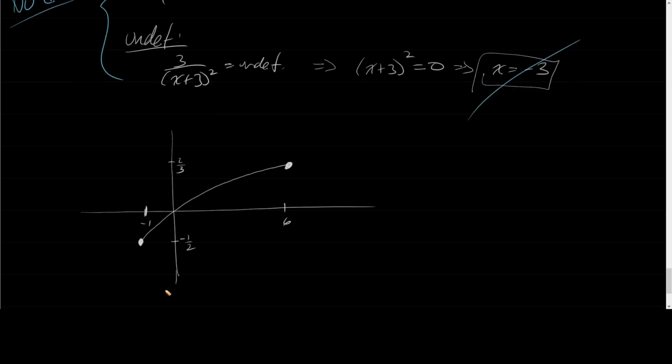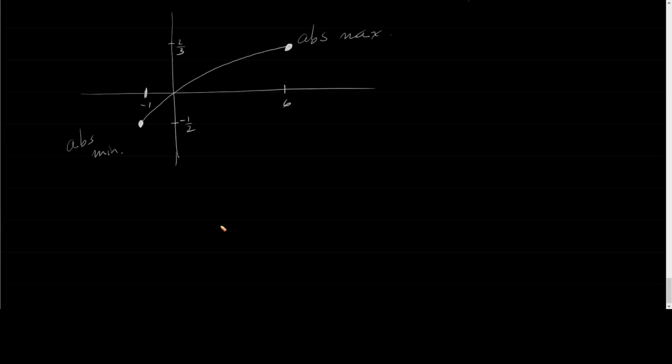And here clearly we can see that in this curve there are no relative max and mins. So these were the only possible two contenders. This is the absolute max on the interval, and this is the absolute min on the interval, and there's no relative max or min.